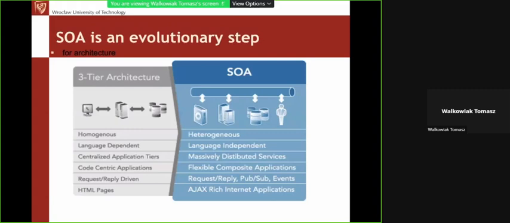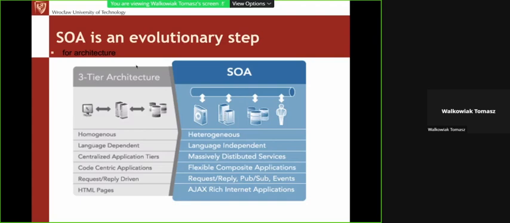In the 90s, before service-oriented architecture, the most popular solution was the so-called three-tier architecture. We have a front end based on HTML, some backend, for example in PHP, and databases. They were really homogeneous in the sense that they were strongly language dependent.